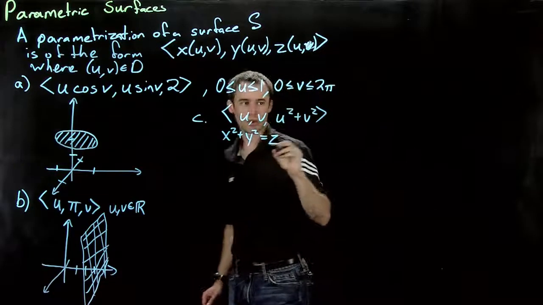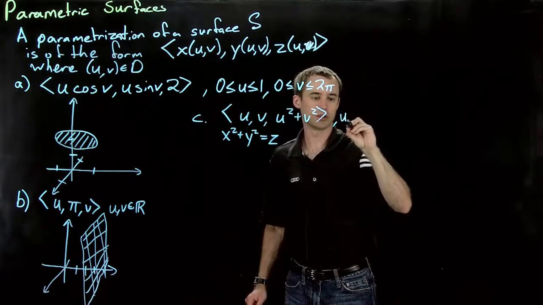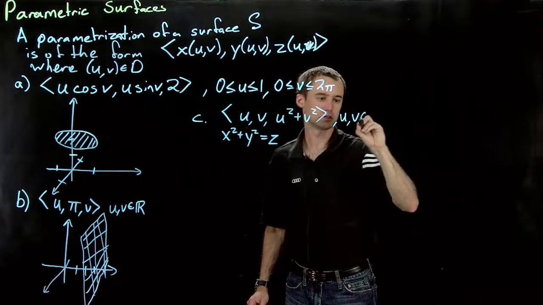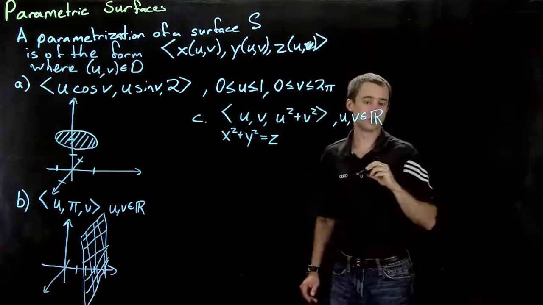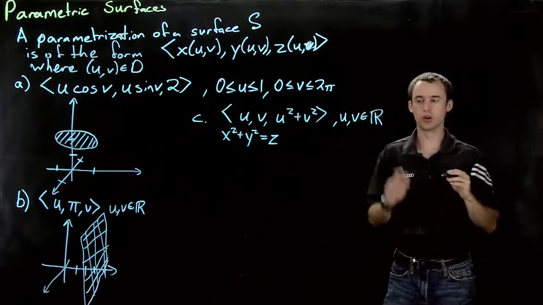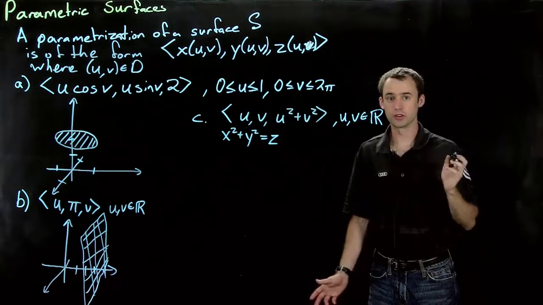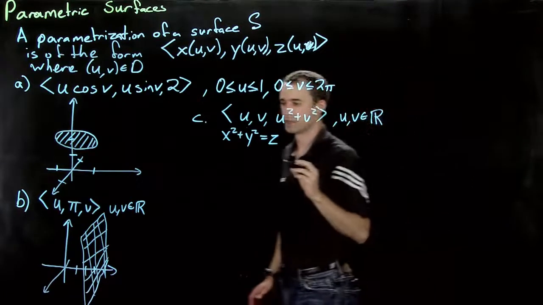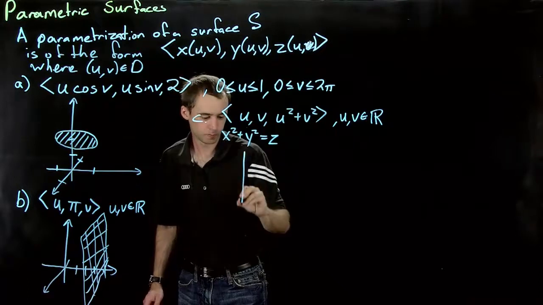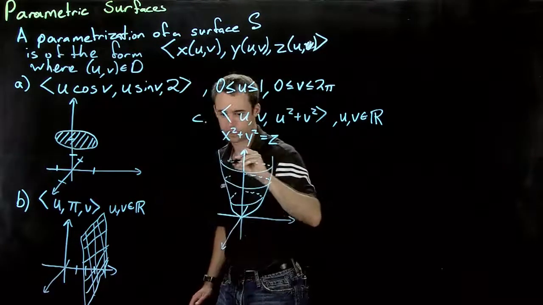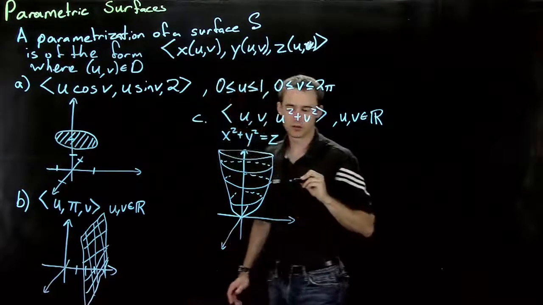So we can just draw a regular paraboloid. I should note that, again, I want u and v to just be in R. If the domain is not noted, normally it's the most natural thing, which is u and v over the entire possible domain. So we have a paraboloid. So it looks something like that.